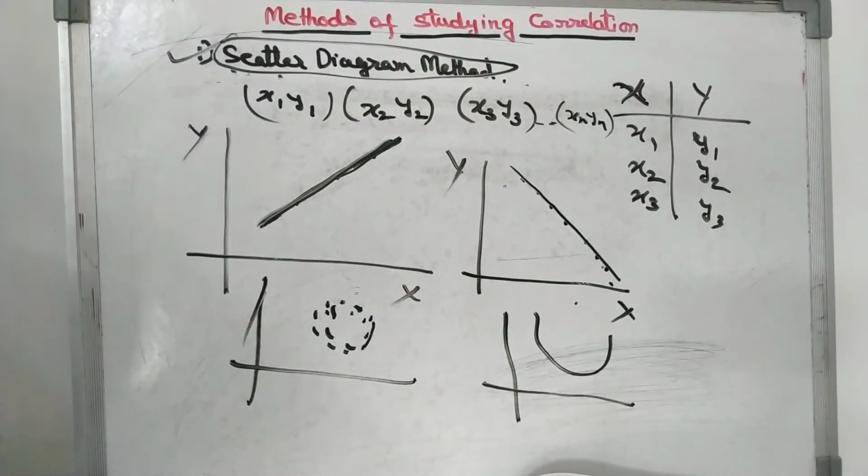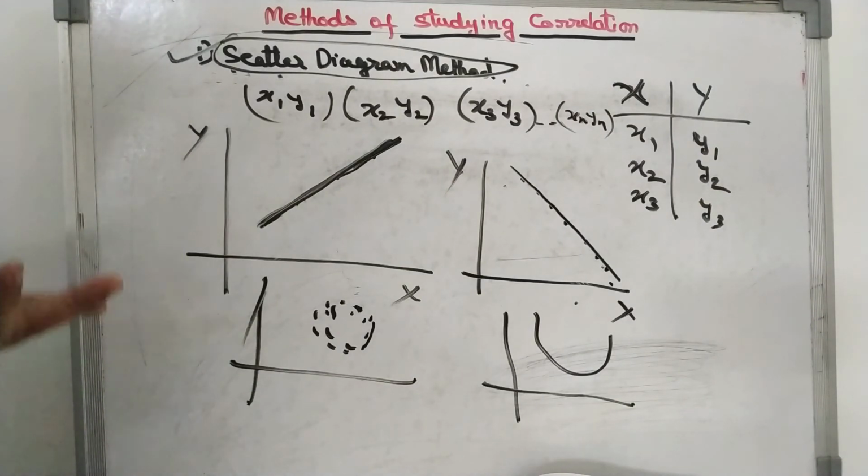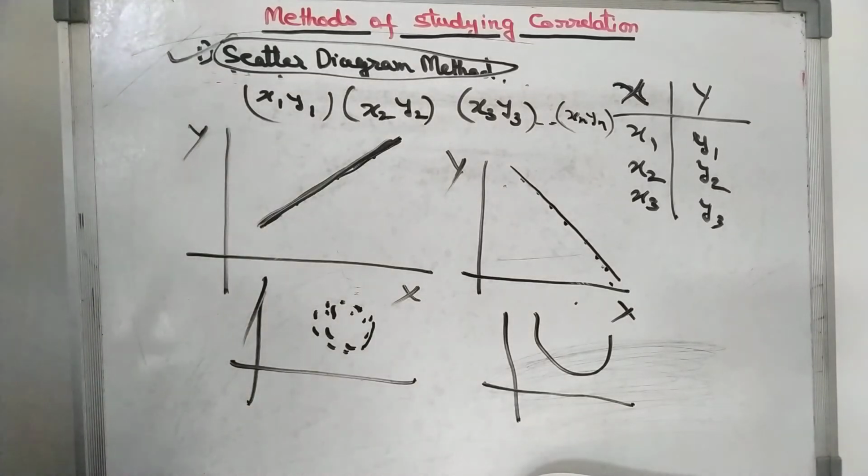So correlation can be known with the help of the scatter diagram. That means the relationship between the two variables can be known with the help of the scatter diagram. This is called the scatter diagram or graphical method of finding correlation.